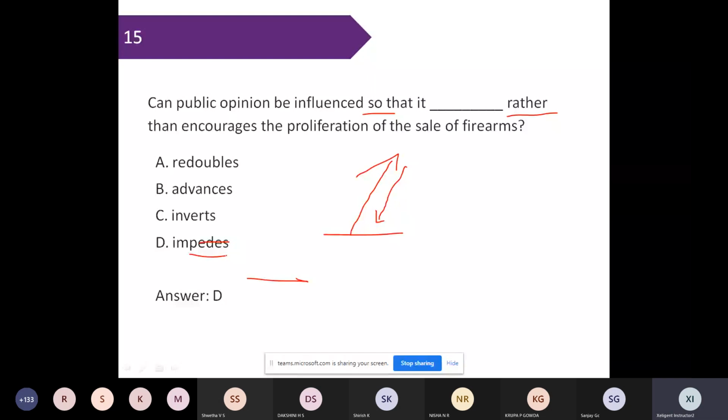So we have discussed 15 questions so far. If you have any doubts in any of these questions, you can ask now, so that I will discuss the question which you have doubt, or else we will move to the next set of questions. Shall I proceed?